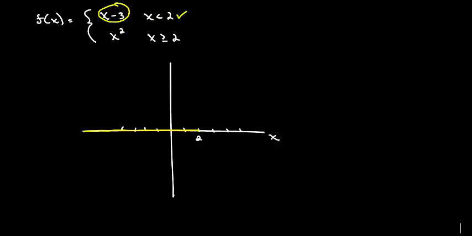Then when x is greater than or equal to 2, so at 2 and more than it on this side, we're going to see this guy right here. So let me erase those lines there.